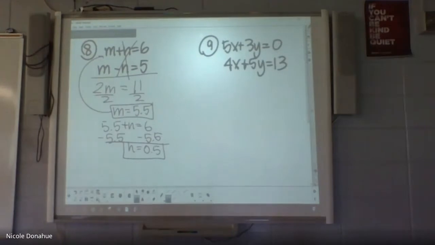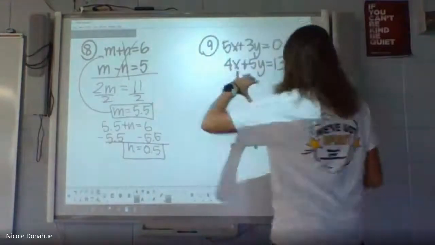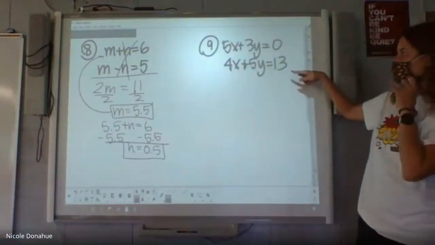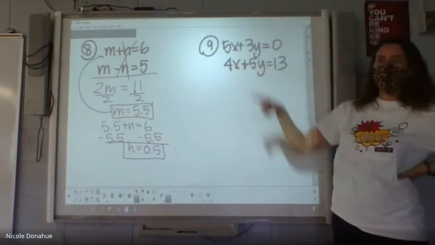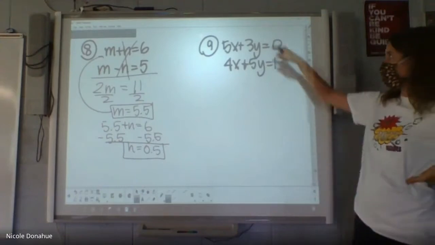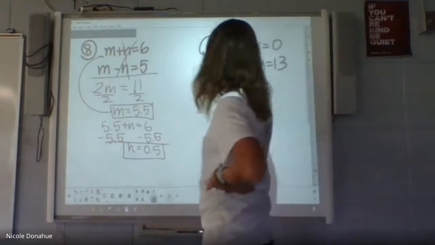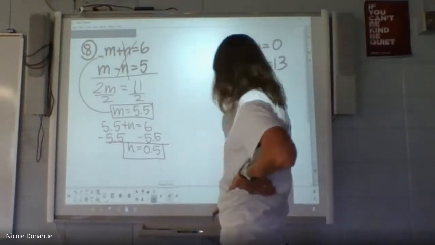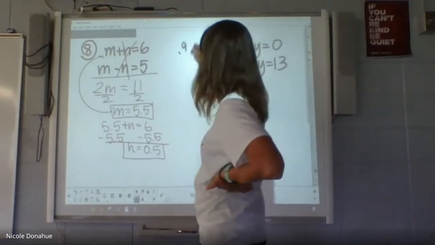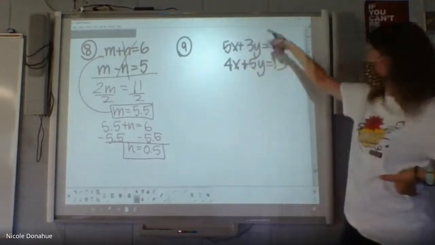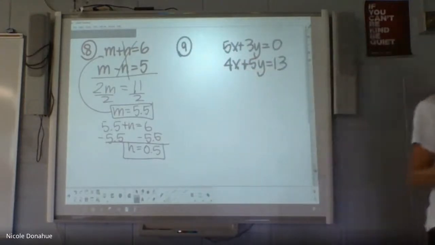Now 9's a little trickier, because you can't just multiply by one value. If I multiply the bottom row by something, I can't make the 4 become a 5 other than using decimals. And I can't make the 3 become a 5 other than using decimals. So we actually have to multiply both by something. Looking at 5 and 3, what's a common multiple we could use?